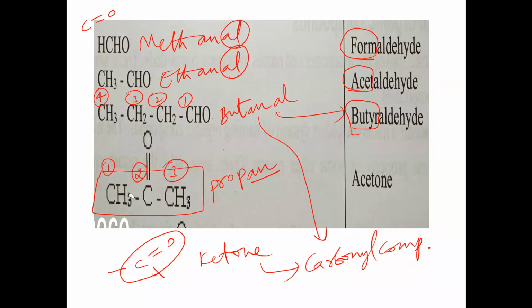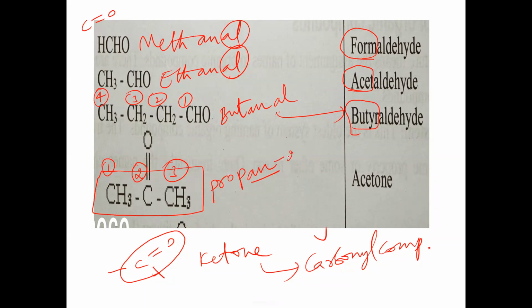Okay. So now what is this name? Now tell me. Prop, an, single bond. And what is this now? Next one: 'one' will be there for this. C double bond O has what secondary suffix? The secondary suffix is 'one'. So propanone. Where is this 'one'? On which carbon is the C double bond O there? On the second carbon.